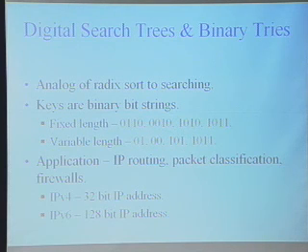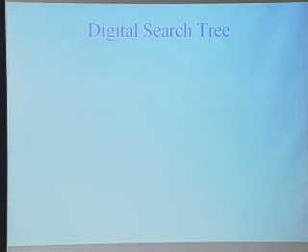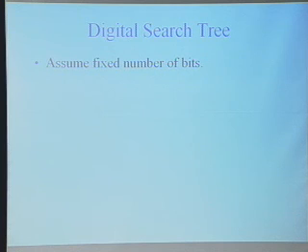We'll also look at decompositions using higher radixes than 2 in a subsequent lecture. All right, so let's start by looking at probably the simplest type of search structure based on key decomposition. This will be a digital search tree. And then we'll take a look at an alternative to a digital search tree, something called a trie.